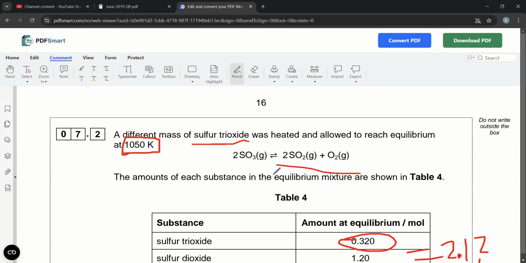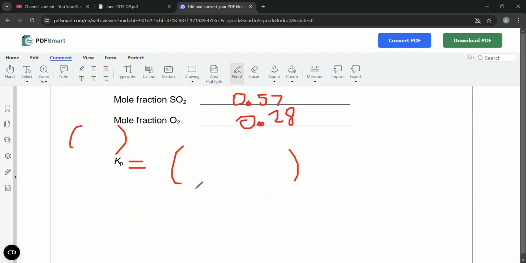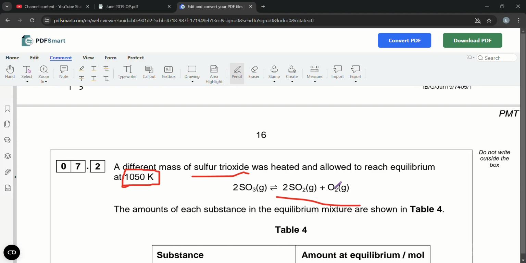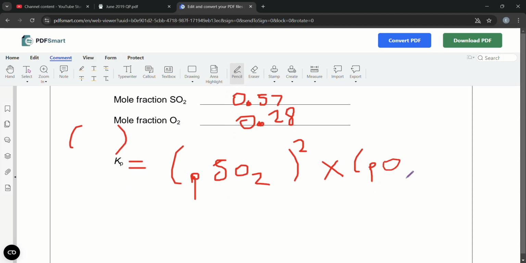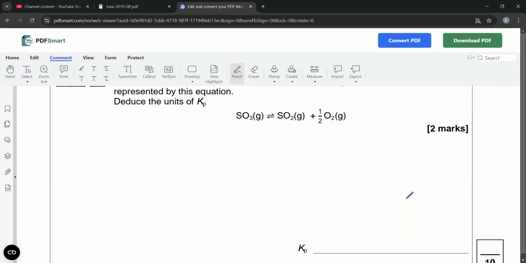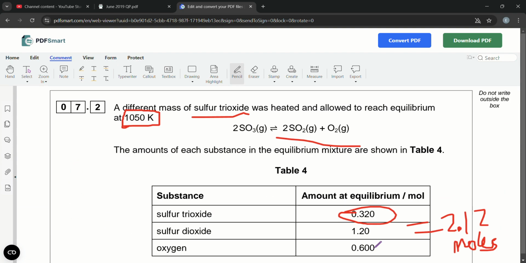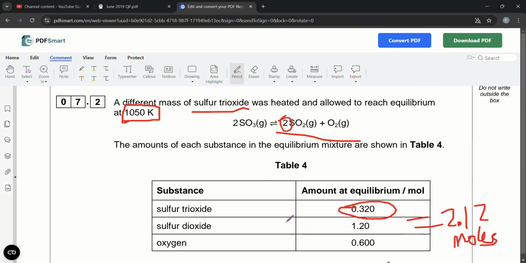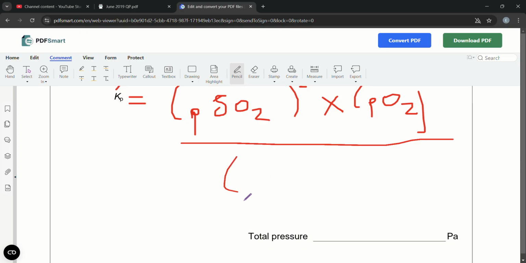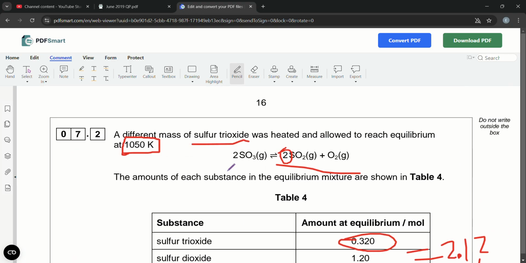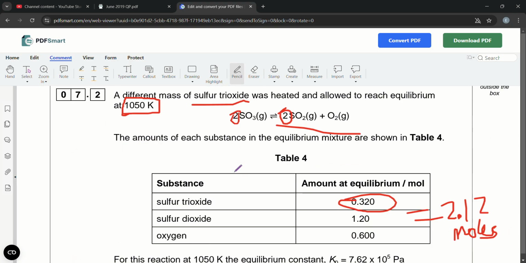So the products is the partial pressure of SO2 squared times the partial pressure of O2. The reason we square it is because there's 2 moles of it, over the partial pressure of SO3 squared. Same thing again, it's got 2 moles, therefore we square it.